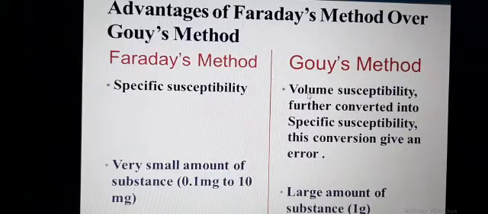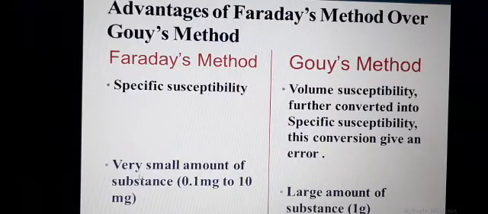Whereas in the Gauss method, first we measure the volume susceptibility of an unknown substance, which is further converted into the specific susceptibility. So this conversion always gives an error because the density of a sample depends upon the packing of the sample in the Gauss tube. So that's why the conversion always gives rise to an error.